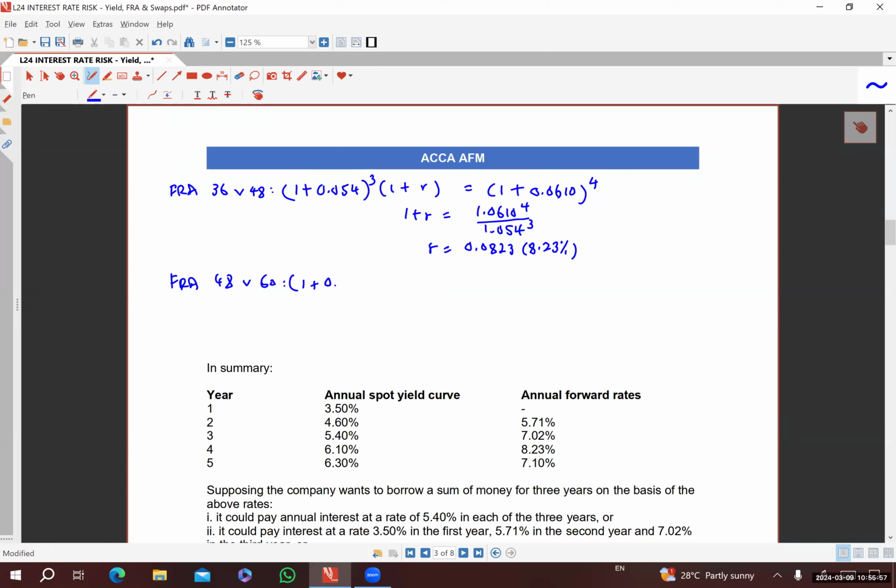Okay, last one. FRA rates month 48 to month 60 or the 5th year. I invest $1 in a 4-year bond. I will get this at the end of 4 years. Then I reinvest in the 5th year at the rate R. So this is the 5th year rate.